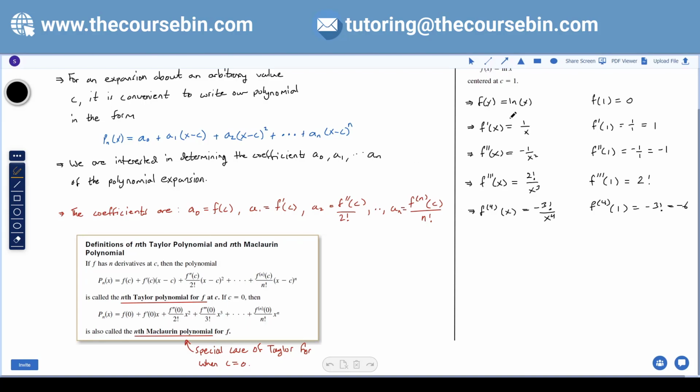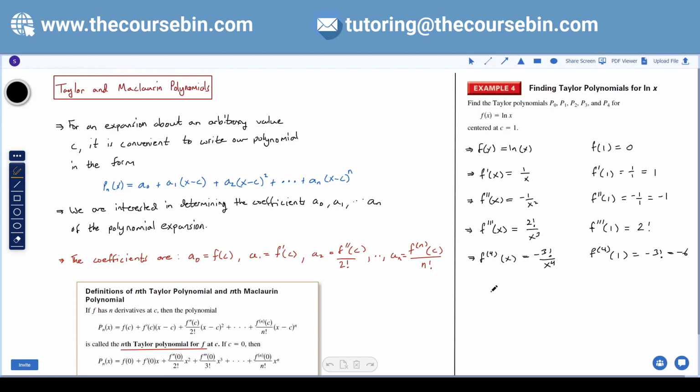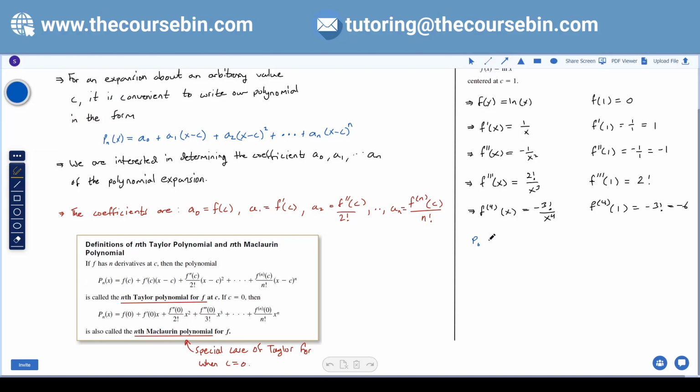Okay, so now that we have all the derivatives that we need, we just need to write the polynomials, right? So our P naught of x, according to our Taylor polynomial formula, is just f of c, right? So it's just going to be f of 1, which is 0. So our P1 of x, according to the formula, is going to be f of c plus f prime of c times x minus c.